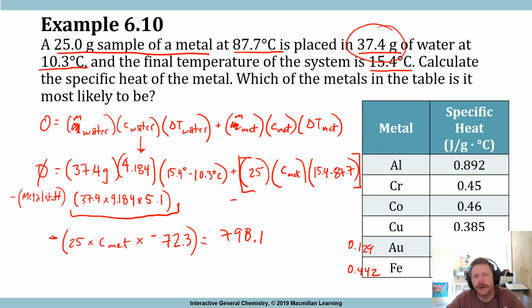So I'm now in a position where I can divide by 25 times negative 72.3.